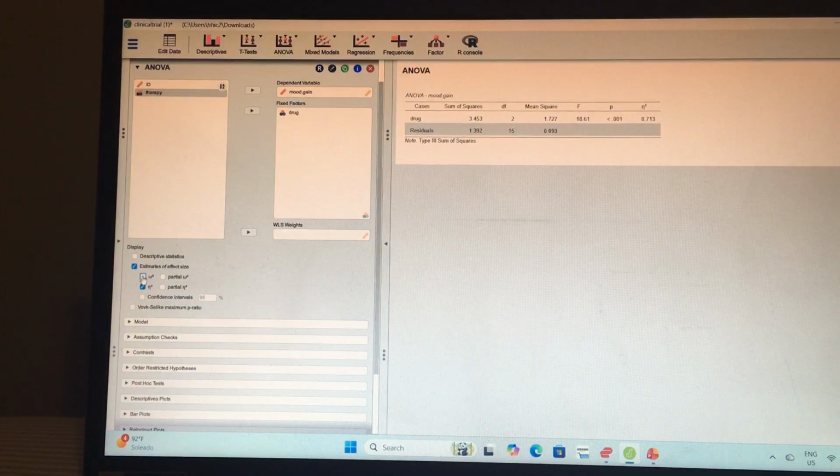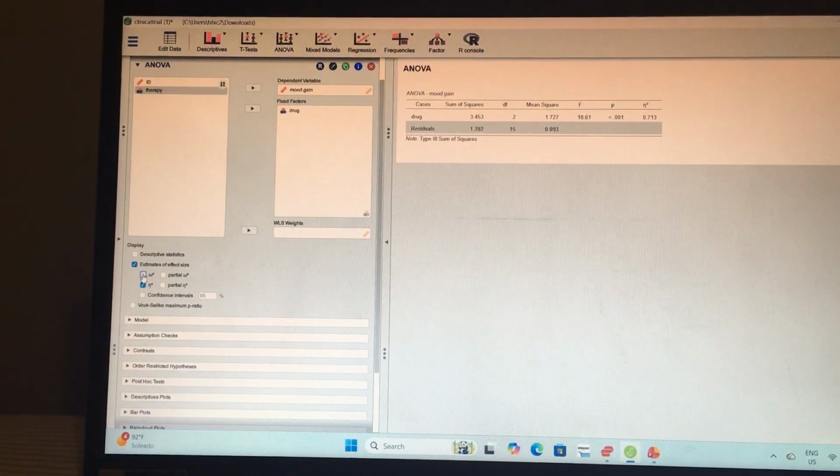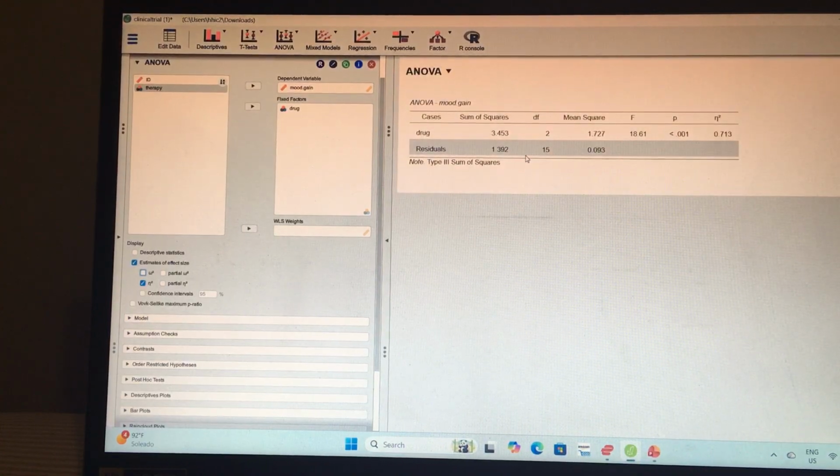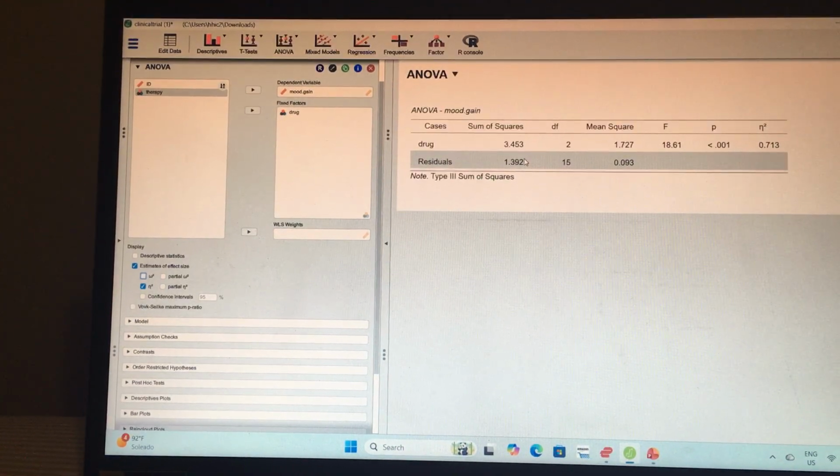All right, so we have our ANOVA for mood gain. We can blow this up. So we have our sum of squares for drug of 3.453.